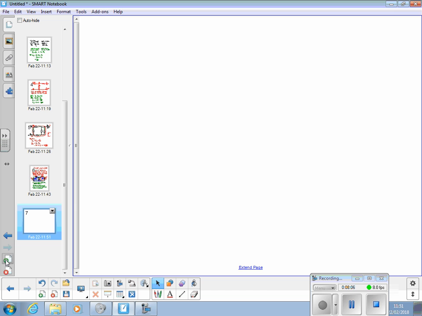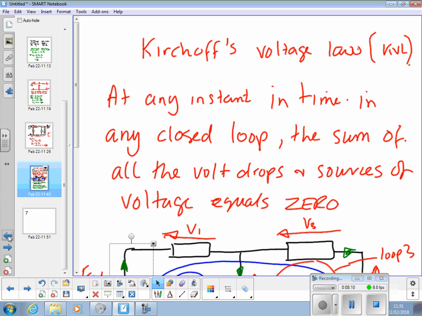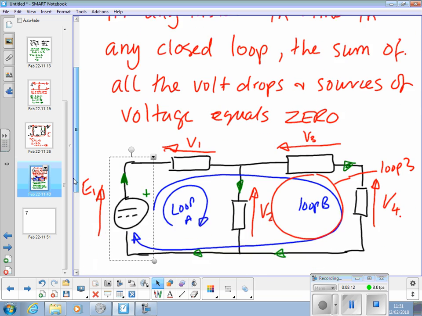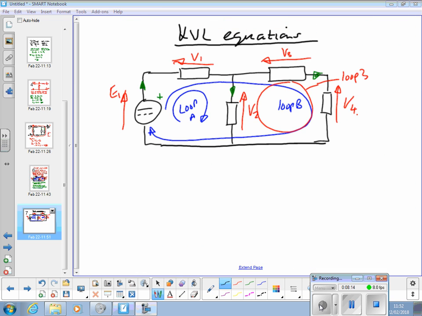So when we want to create our equations, it's a little bit like we did for the currents.